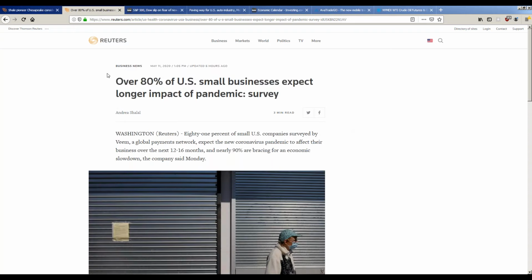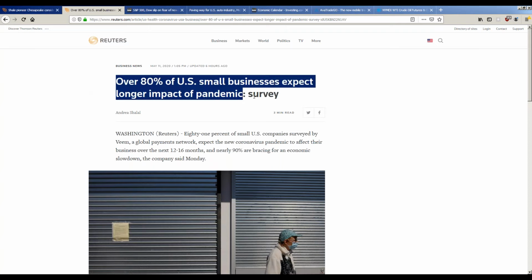Something to consider. All right, so some other headlines: over 80% of US small businesses expect longer impact of pandemic. That doesn't sound good. Small businesses are really the engine of the US economy, by far. It's the largest number of businesses in the US, and I would say the combination of all the small businesses has the largest impact on the US economy.